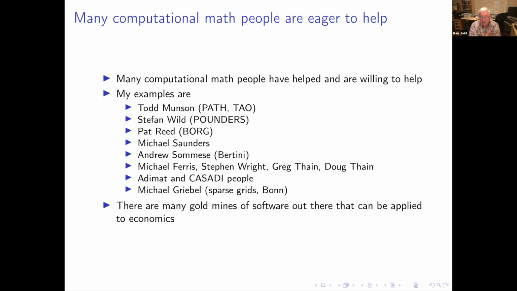And I remember going to Zurich and meeting the mathematician behind ADiMat. He gave a presentation on ADiMat and its development. And I do know Gregor and Philip are in contact with the CasADi guy.